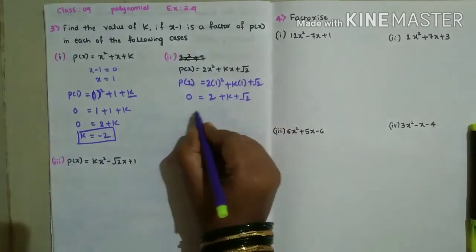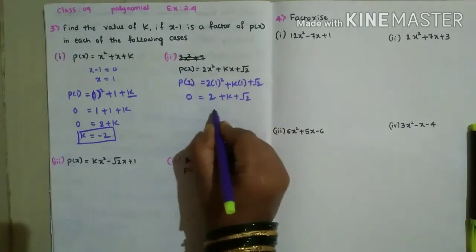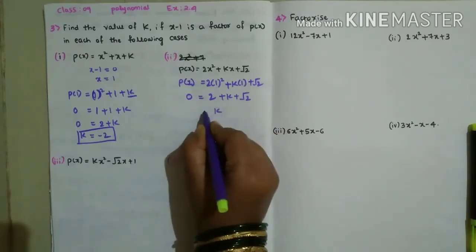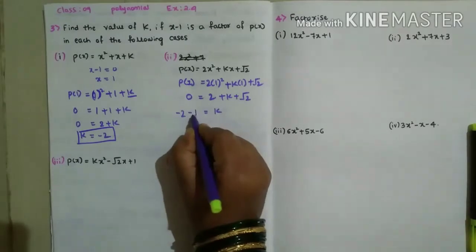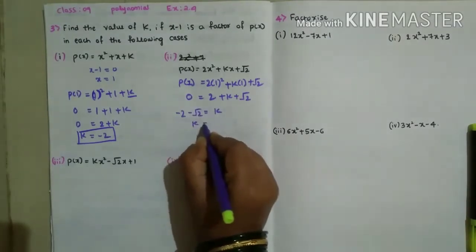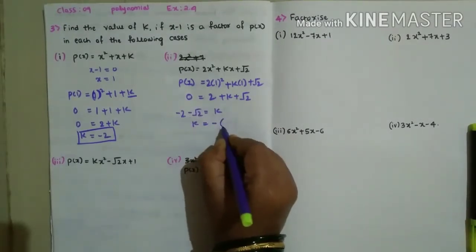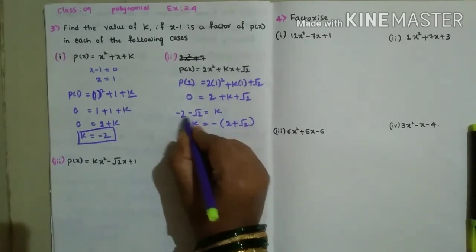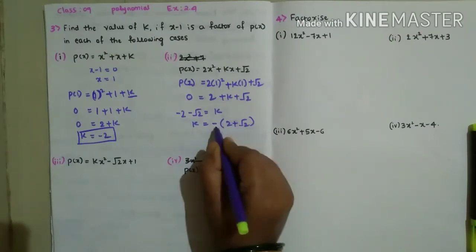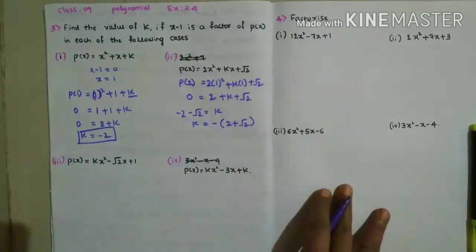K you keep here only. This 2 and root 2 you transfer to the left side. 2 will become minus 2, root 2 will become minus root 2. Therefore k is equal to minus, I will take out, so it will become 2 plus root 2. I have taken the minus outside. If I multiply inside the bracket again it will become minus 2 and minus root 2.